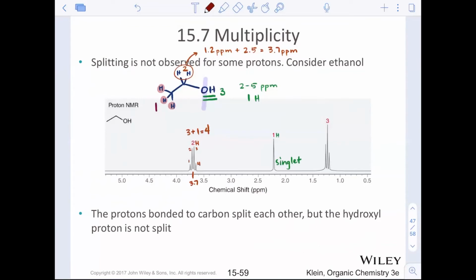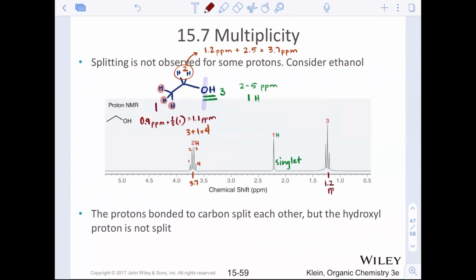Now, the methyl group starts at 0.9. It's beta to an oxygen. So it's 1/5 of 1 or 0.2 being added onto its shift. So that's a 1.1 ppm. Excellent. 1.2, that's fine.